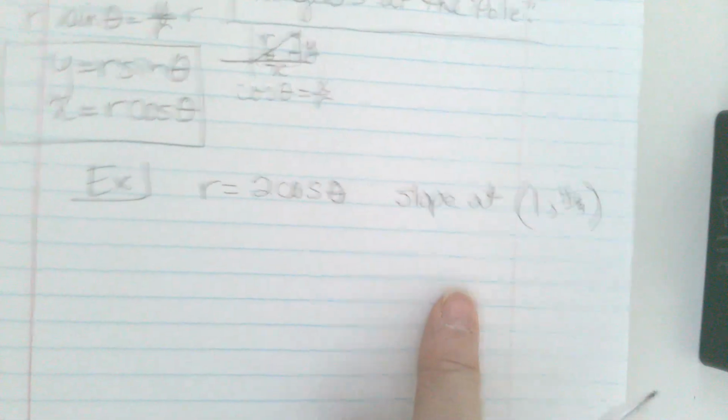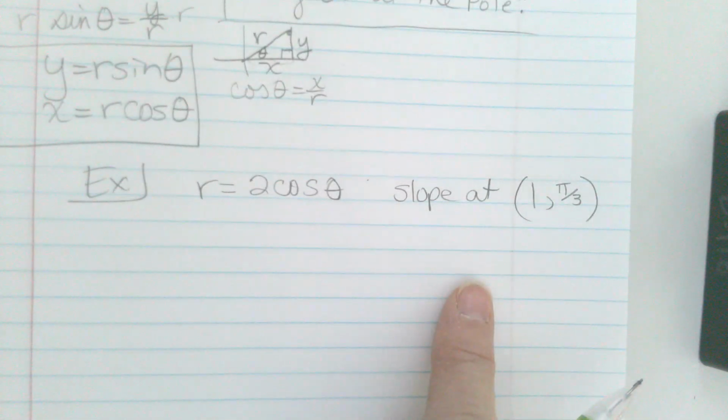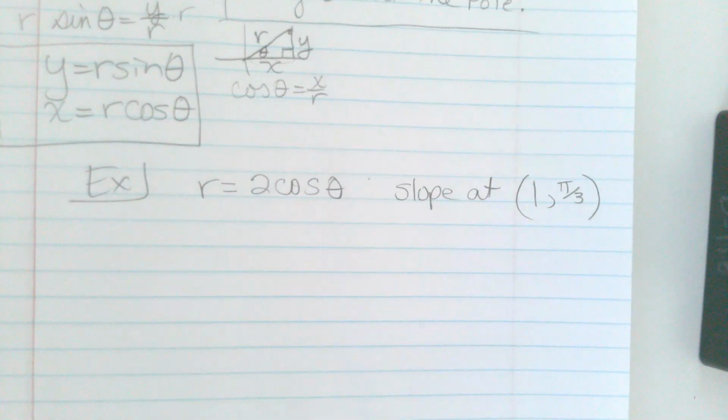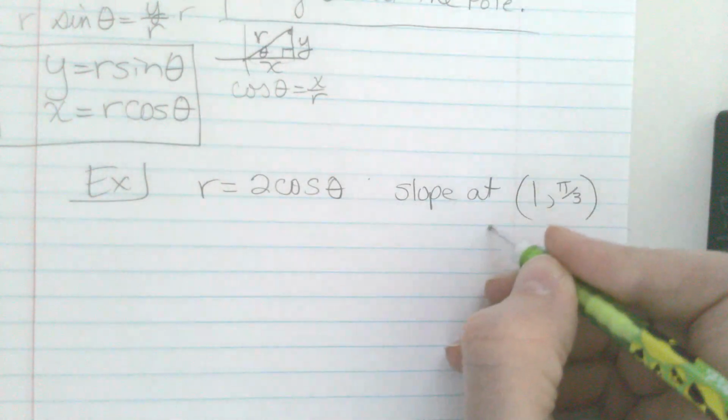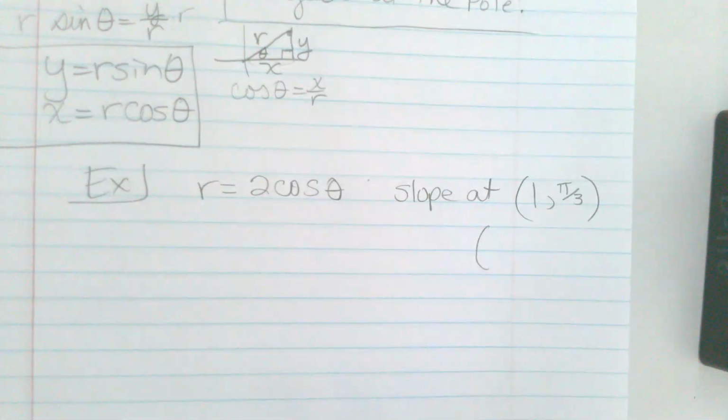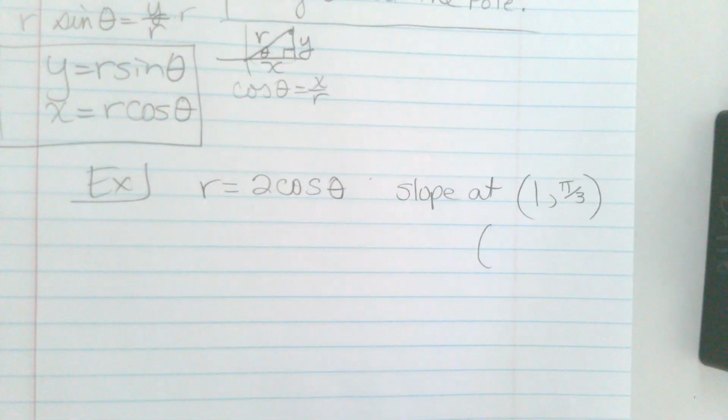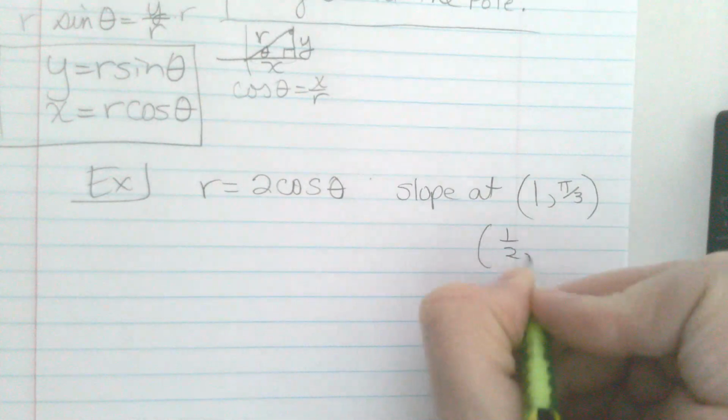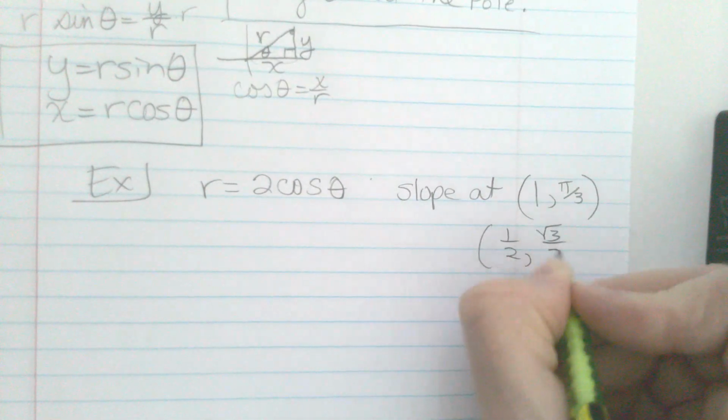That would be the polar point, right? They might not. What if they didn't give us the polar point? What if they gave us (1/2, √3/2)?